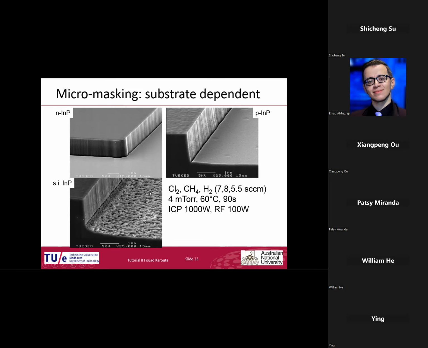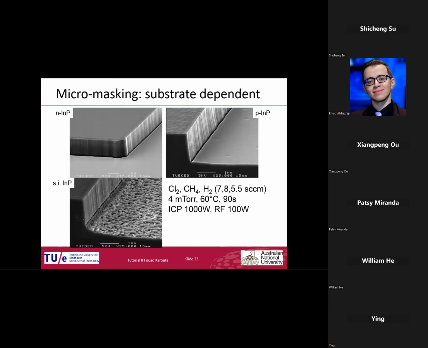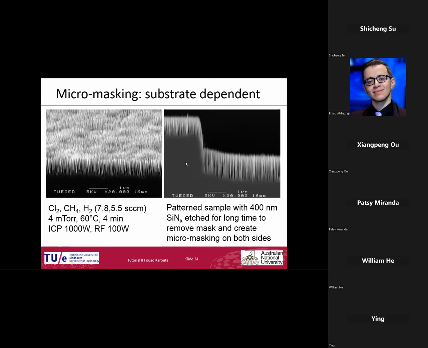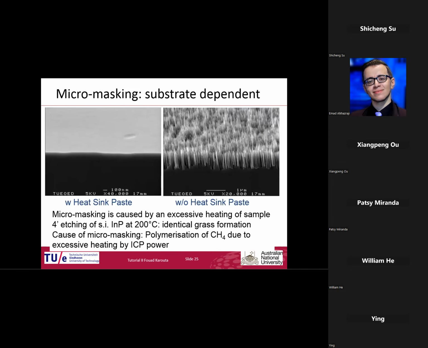So then I investigated further, and etching 4 minutes, it ended up with more or less the same needles we obtained before, though here we were not using heat sink paste. And so you see here the micromasking, and with heat sink paste, you get it very smooth again.